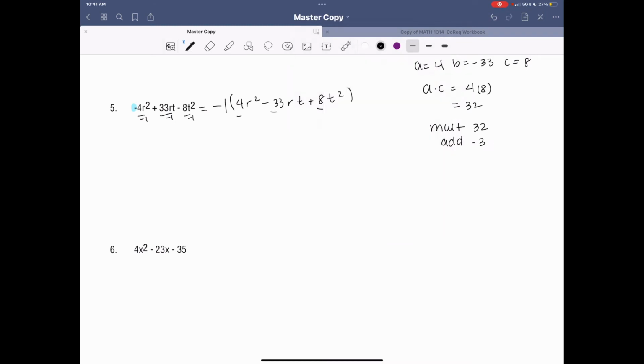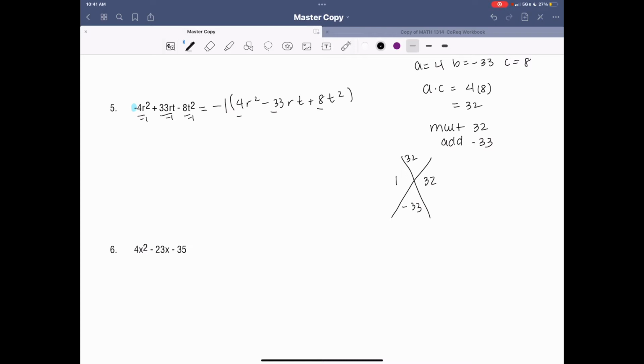So as we set this up, I have 32 and negative 33. So I have to think about the factors that multiply together to give me 32. In this case, it's 1 and 32, but when they add together will give me a negative 33.